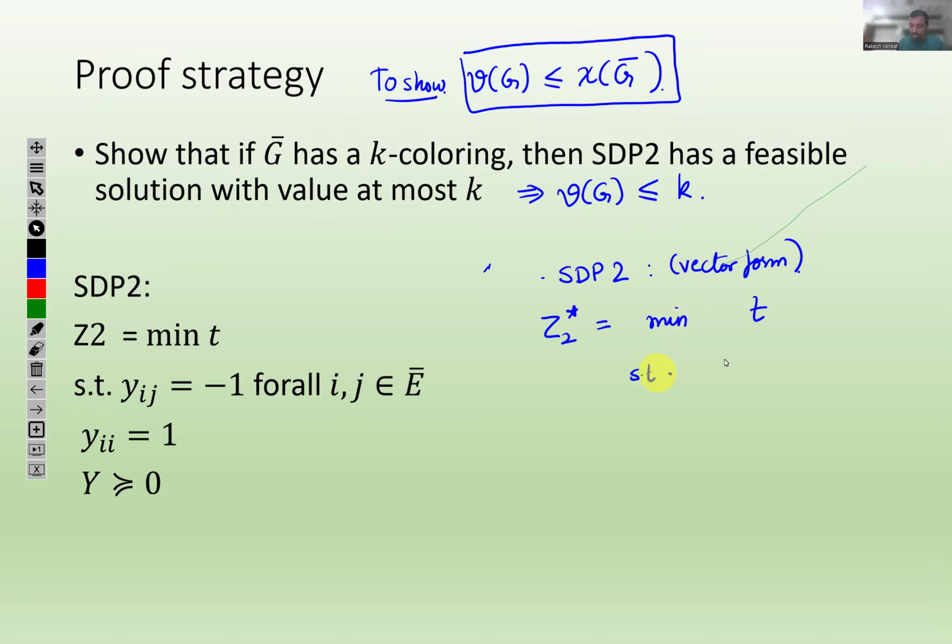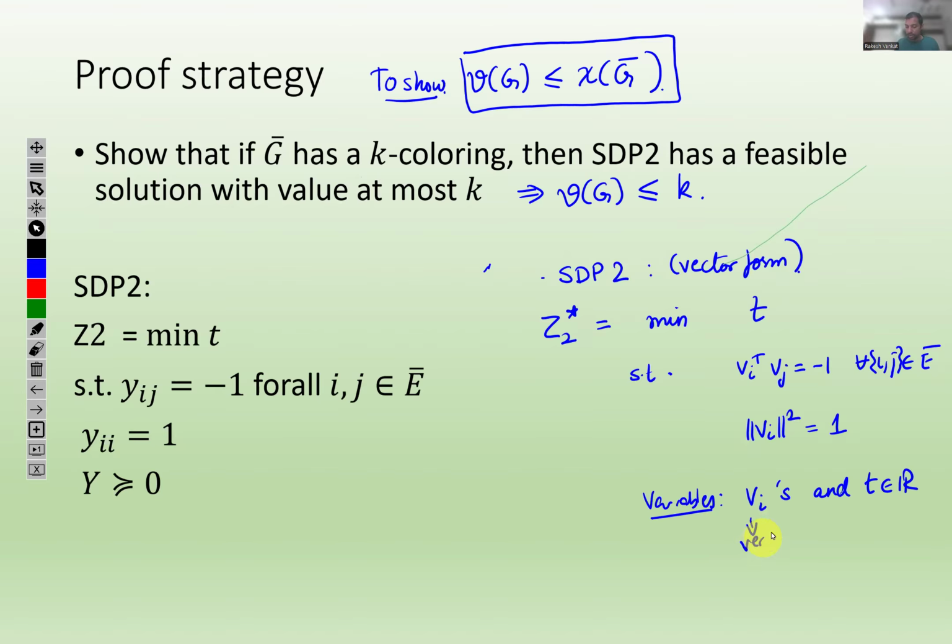So Yij is just the inner product between Vi and Vj. So these are the only constraints. The variables of this optimization are the Vi's and T. Vi's are vectors and T is a scalar. So this is exactly equivalent.